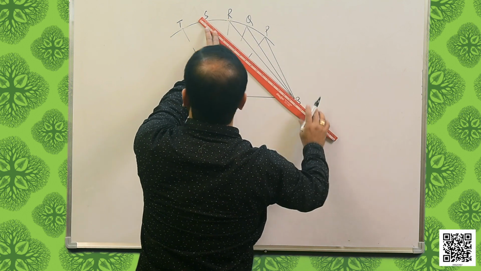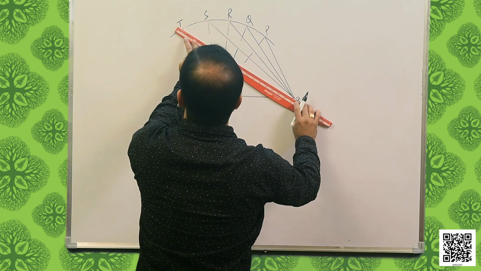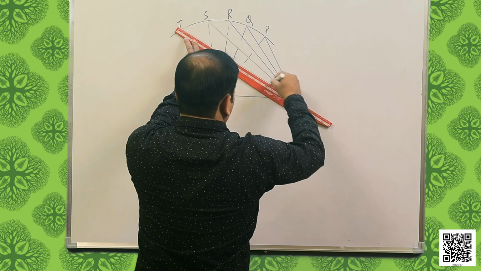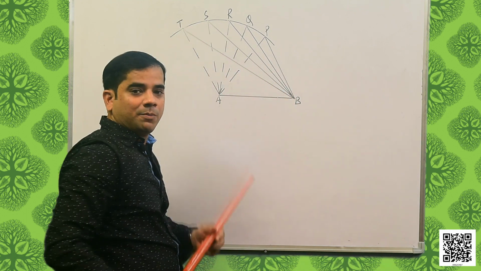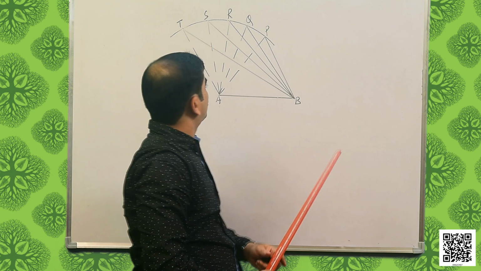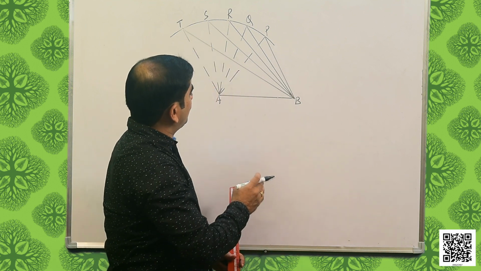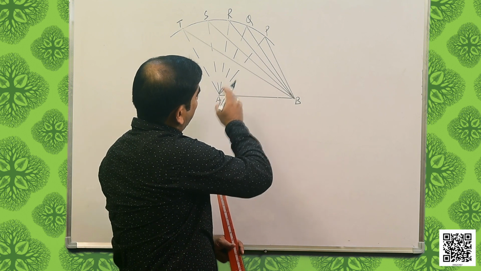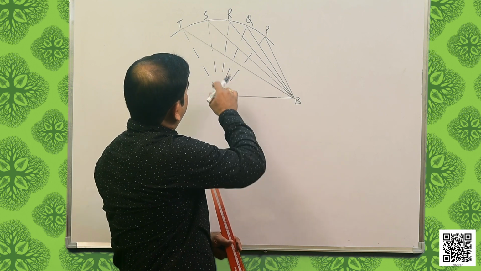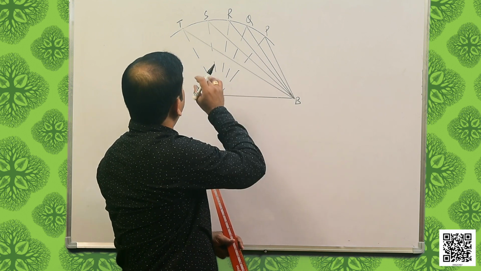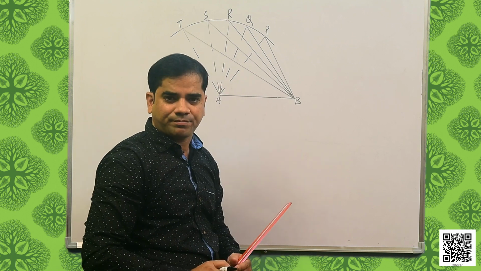Students, you need to do the same with your geometrical instruments on your notebook so that you can understand this better. Now see, we have triangle APB, AQB, ARB, ASB and ATB with us.